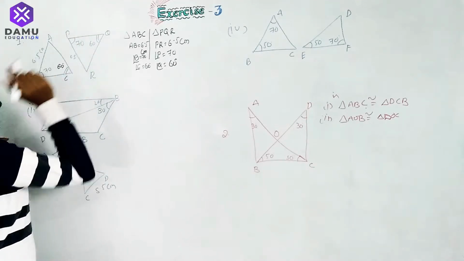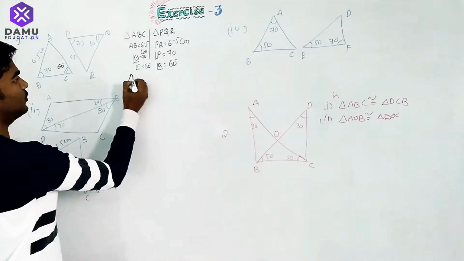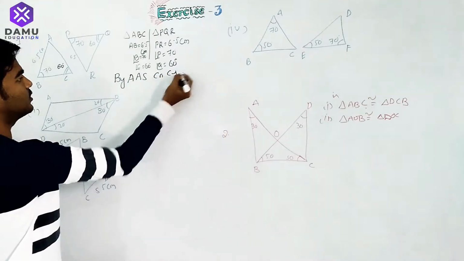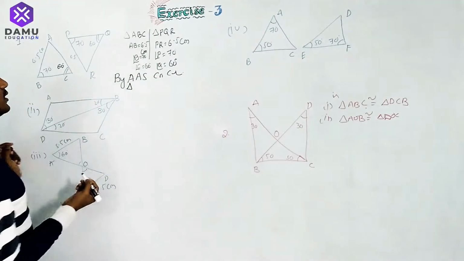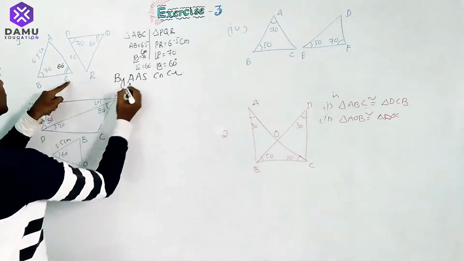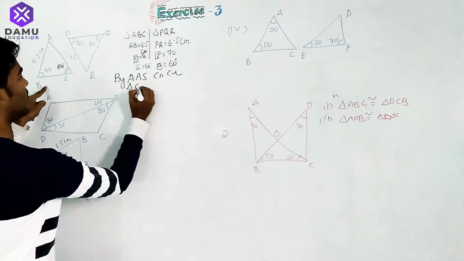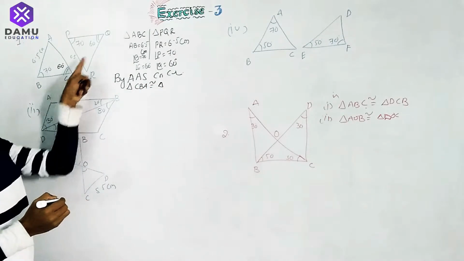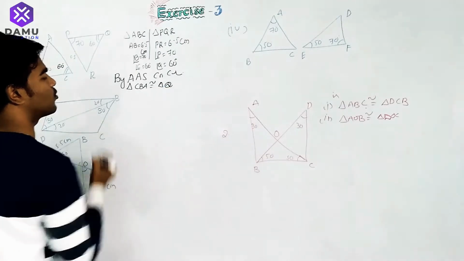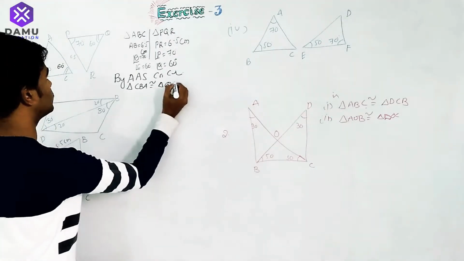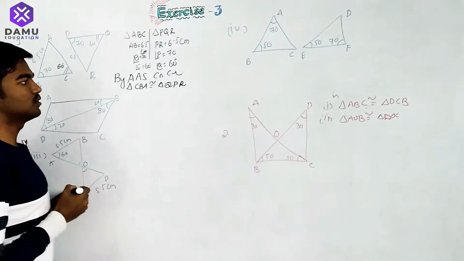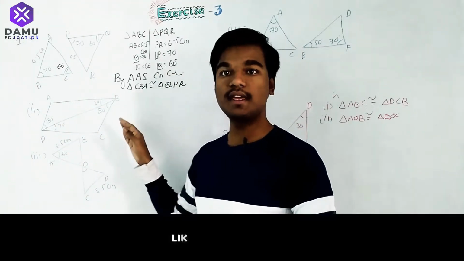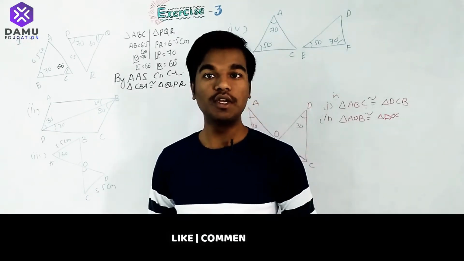So by the AAS congruency criterion, what you can write is triangle CBA is congruent to triangle QPR, where C corresponds to Q, B to P, and the remaining one, A, to R.